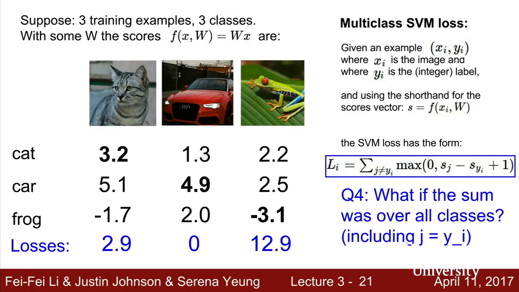Another question: I said we're summing the SVM loss over the incorrect classes. What happens if this sum is also over the correct class, if we just go over everything? Yeah, the answer is that the loss increases by 1.